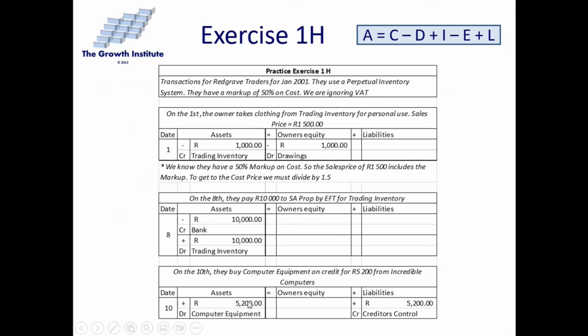But in this case, we are not paying for it in cash like we did there. We are buying it on credit, so it creates a liability for the same amount, obviously. And we know that this increase in liability will be recorded on the credit side, and we are going to call this liability creditors control.